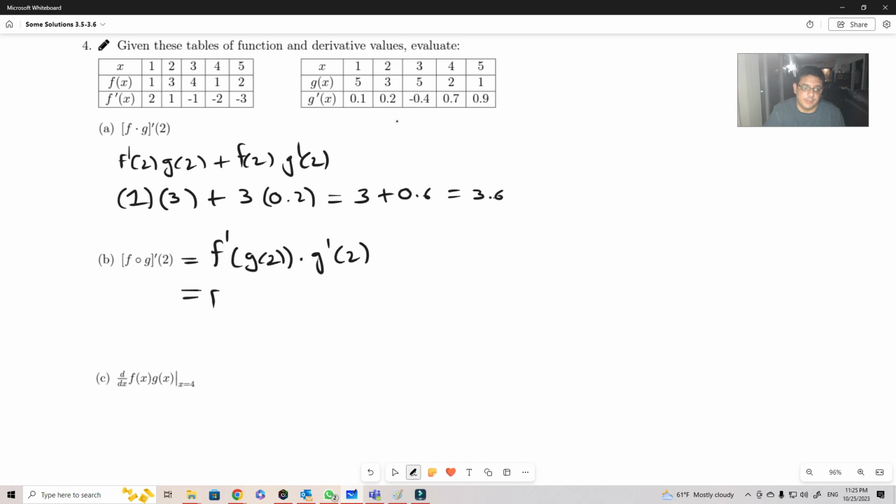Okay, and so here we find g of 2, which is 3. And so at this point we can find f prime of 3, which is minus 1. And g prime of 2, I already know this is 0.2. So this is minus 0.2.